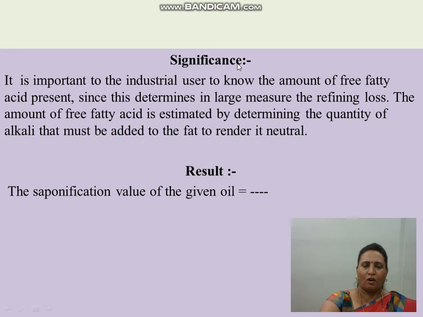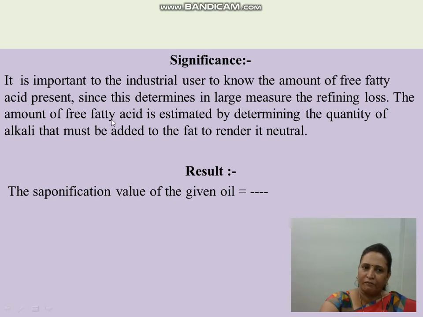Now the significance of this practical is that it is important to the industrial user to know the amount of free fatty acid present, since this determines in large measure the refining loss. So to avoid the refining loss, knowing the amount of fatty acid is important from the industrial point of view.